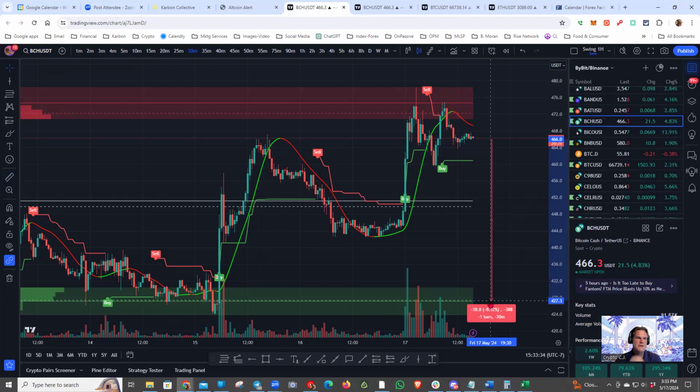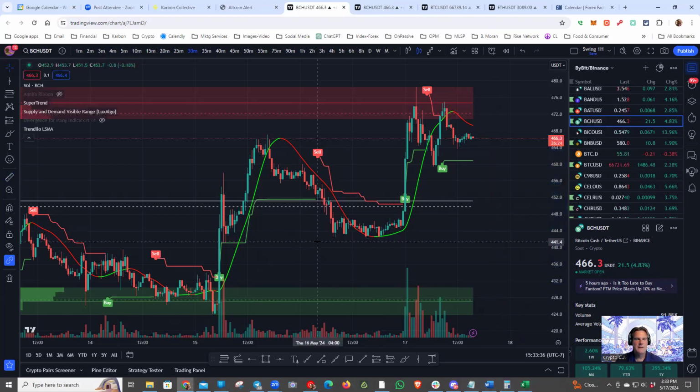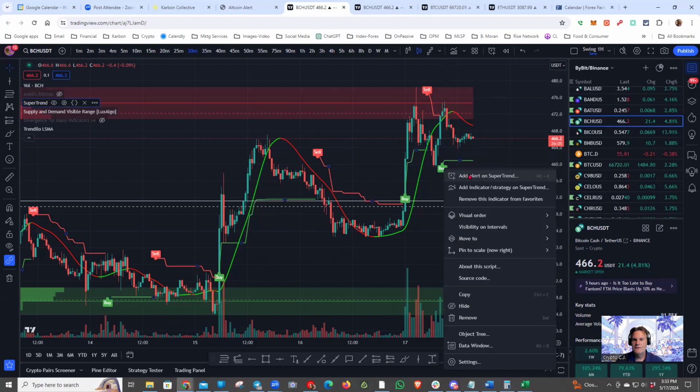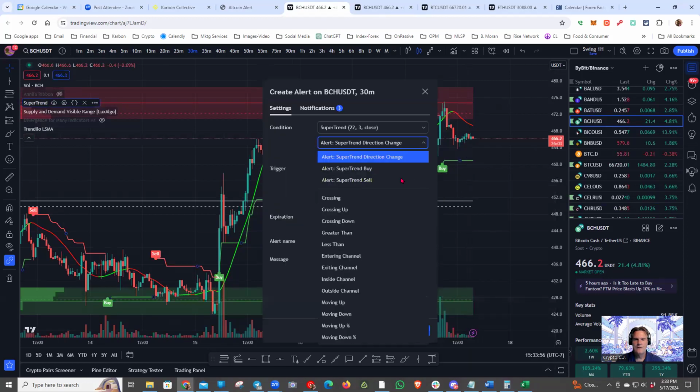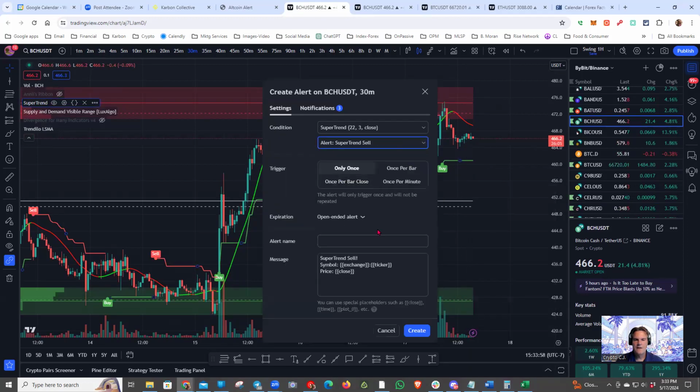To be honest, if I were looking for a short, I'd probably look for something that moves a little bit better than this. This might be a good one to short on lower leverage, 2 or 3x. That would be a reasonably safe trade from liquidation. And I would just go with the super trend alert, set that here, and sell.